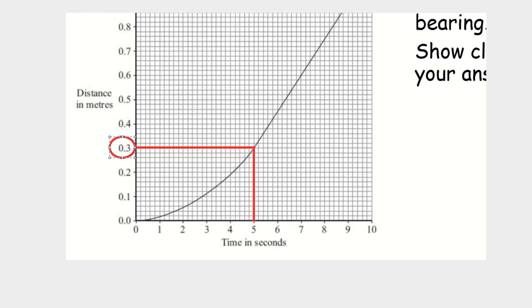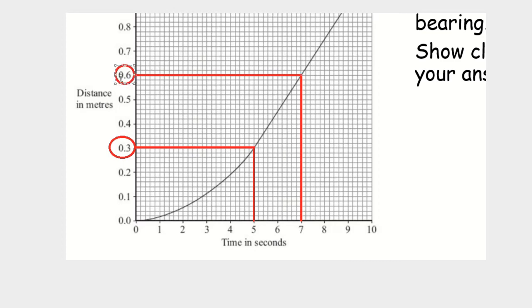0.3 meters. If I now go on to 7 seconds, so that's 2 seconds later, go up to the graph again like so, and then across from the graph like that, you'll find conveniently it comes out at 0.6.